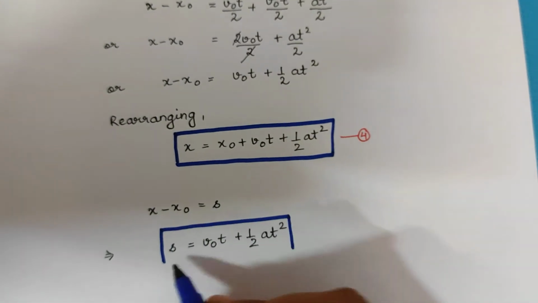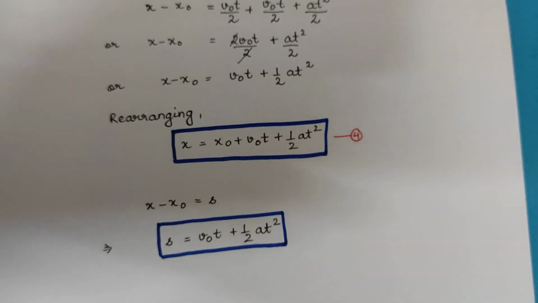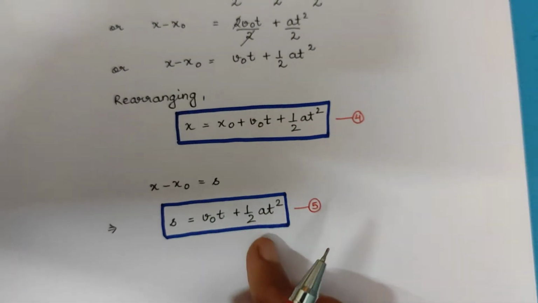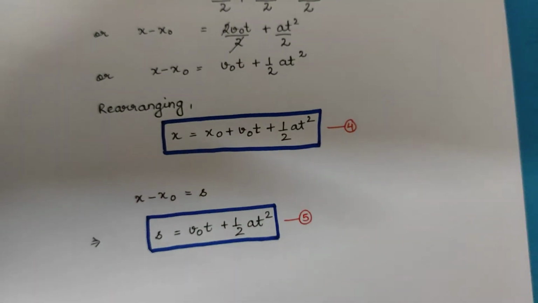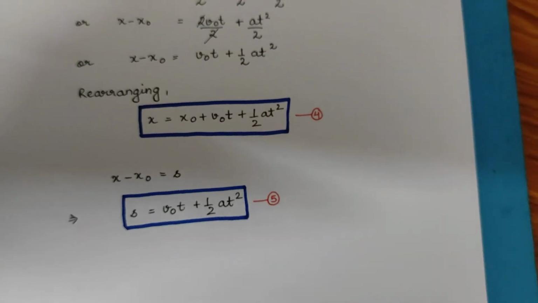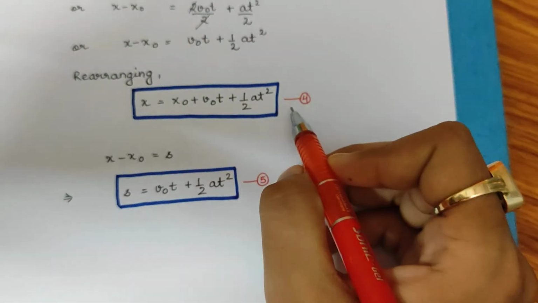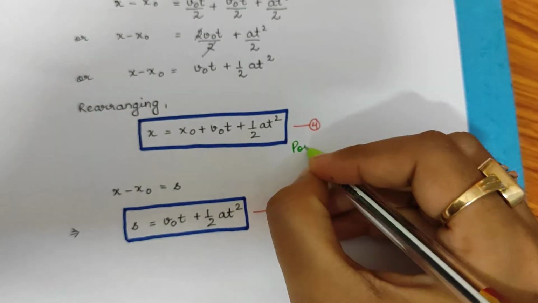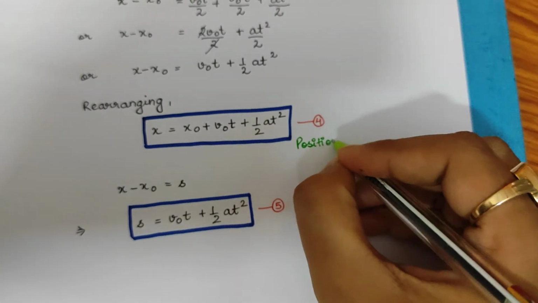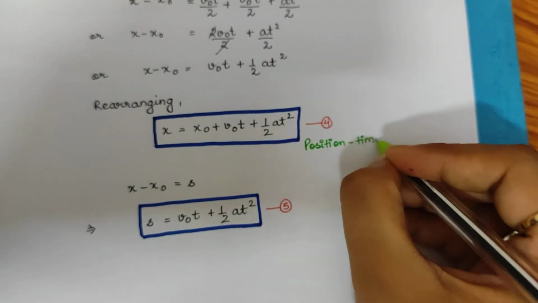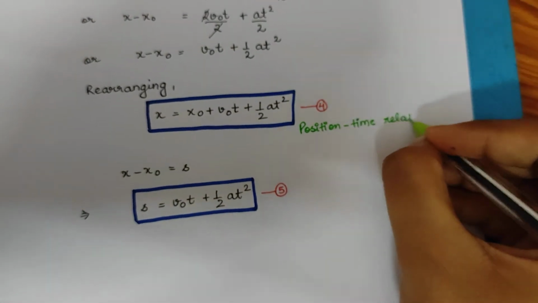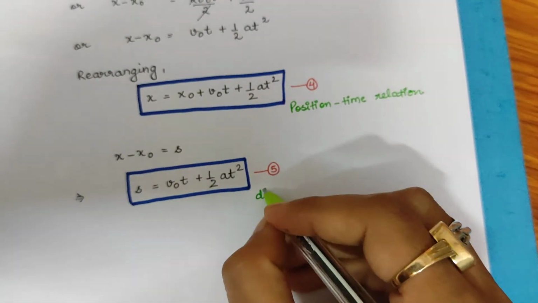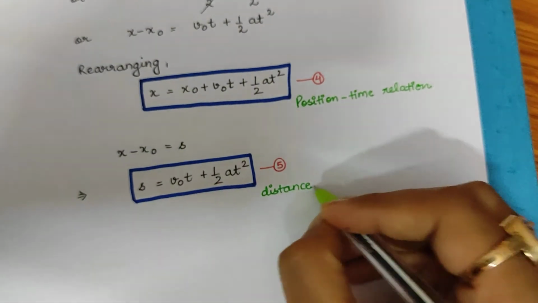This is the second equation of motion. Equation 4 is also known as the position time relation, and equation 5 is known as the distance time relation.